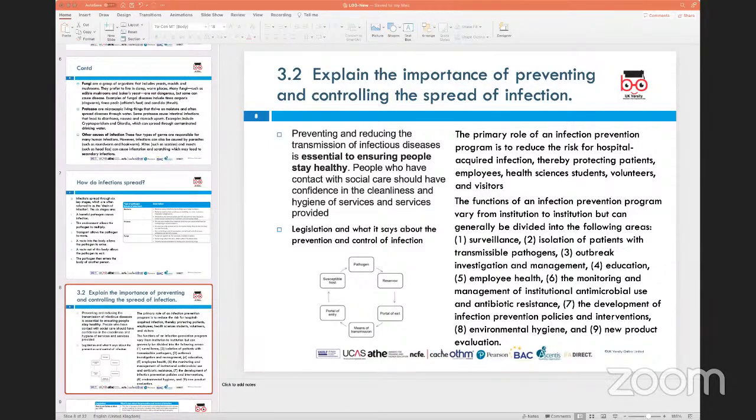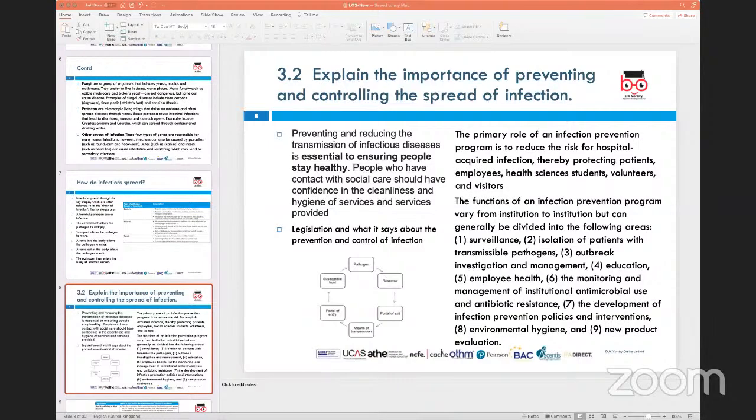There is a body called IPC in particular, and they are a body which basically looks at infection prevention and control in the UK and in Europe. And this body typically regulates and brings out legislation which all organizations within the health and social care setting have to follow. And these rules, regulations, and policies are put in place which allow the controlling and preventing of the spread of infection should an outbreak happen within a particular location.